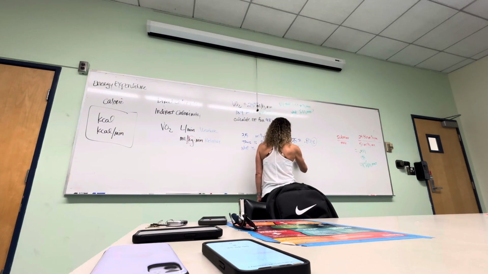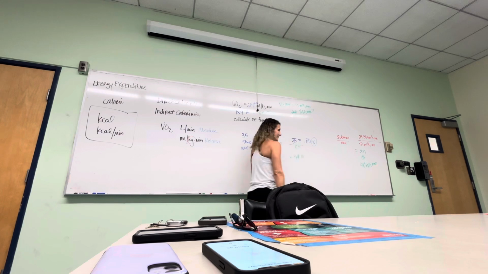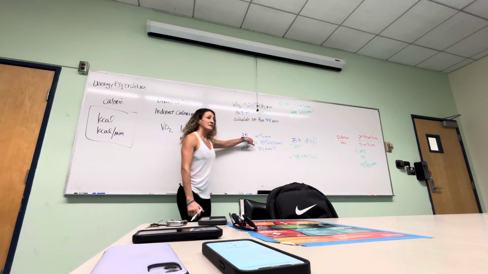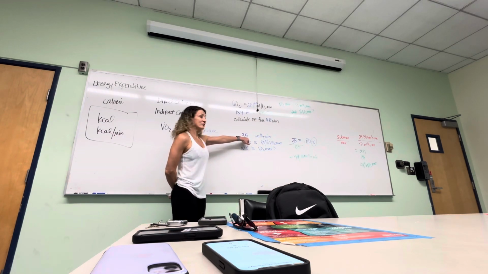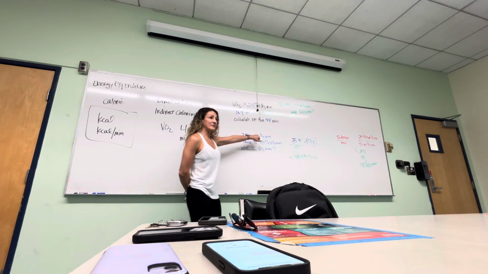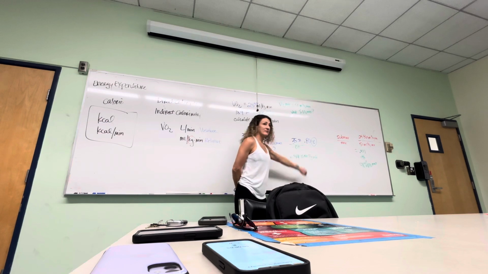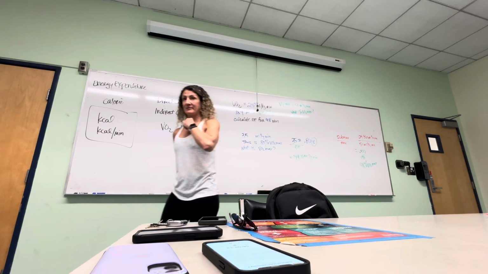What do you get? 44.16. What's the unit on this? Okay, so conceptually, if I'm working at an intensity that requires 35 milliliters of oxygen, and I'm at 80% of my max, my max is 44. Alex, I got a different number.